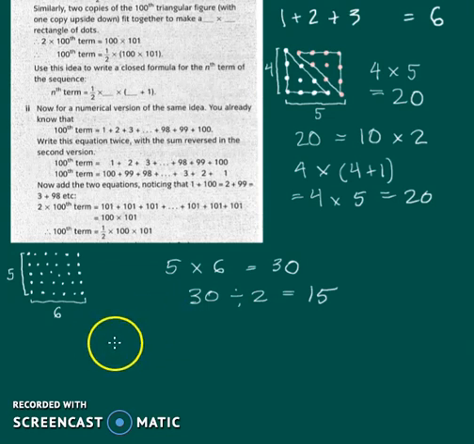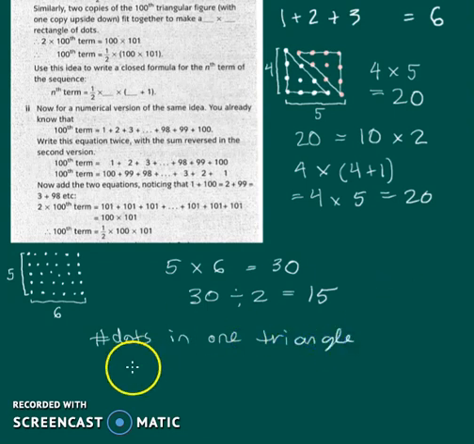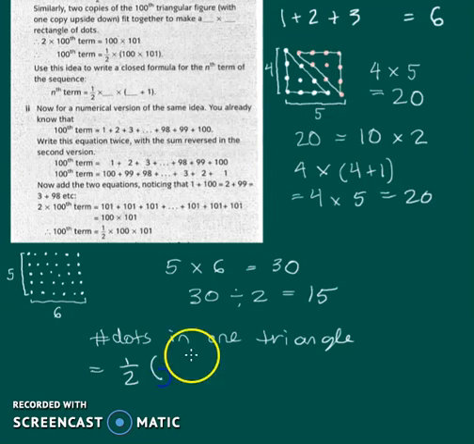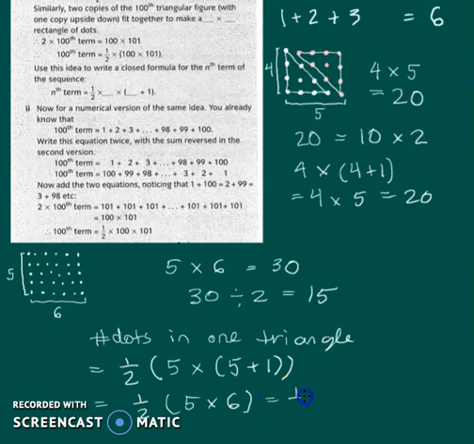We could just say, to find out the number of dots in one triangle is equal to half of that triangle's term in the sequence, so 5 because it was the 5th triangle, times 5 plus 1, which is equal to, once again, 5 times 6, which is equal to half of 30, and we know that that is 15. So that's how many dots are in that one triangle.